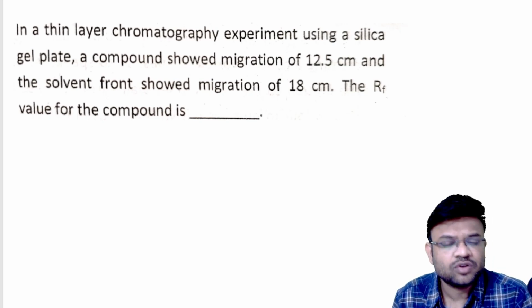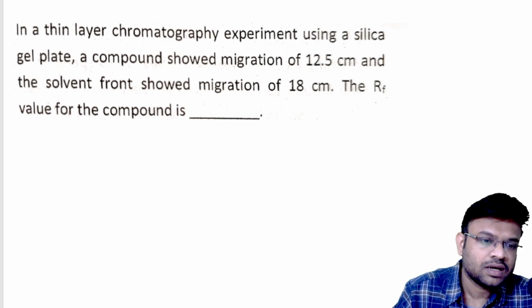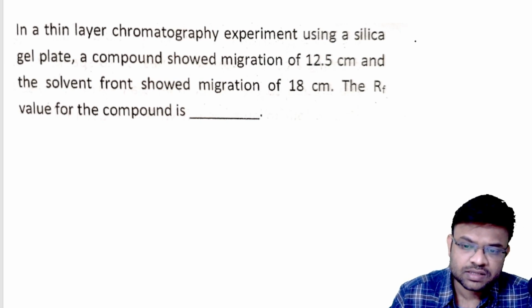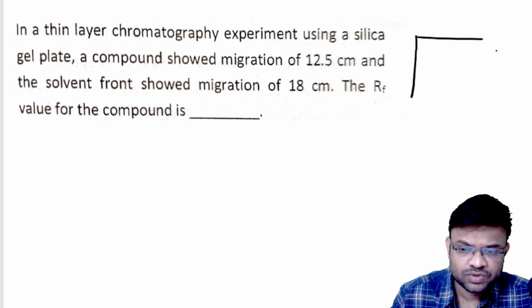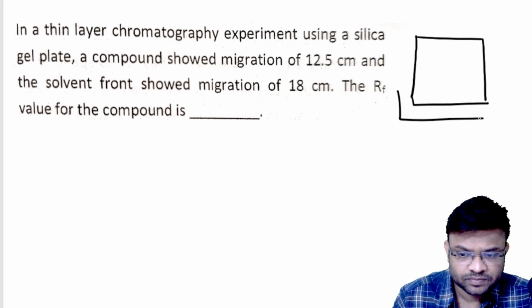In a thin layer chromatography experiment using a silica gel plate, let me quickly draw a silica gel plate for you so that you can understand the question better. Let us say that this is a silica gel plate.